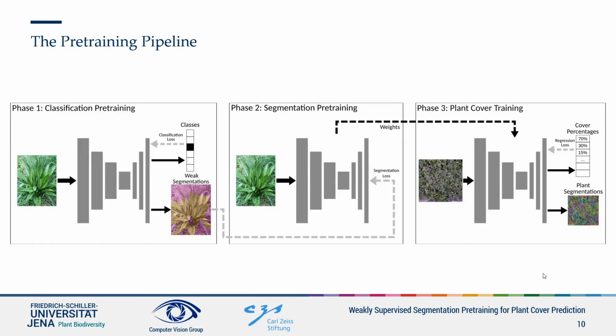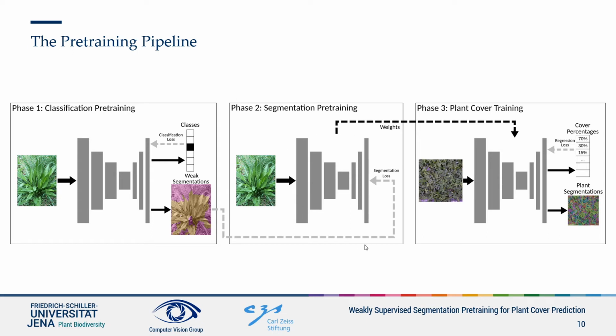So this is our complete pipeline. It comprises 3 steps or 3 phases. The first phase is standard classification pre-training, where we utilize the classification loss and simply train the network on the plant species information. This network then outputs the weak segmentations, which are then used in the second phase for segmentation pre-training, where we utilize these segmentations for training with the segmentation loss.